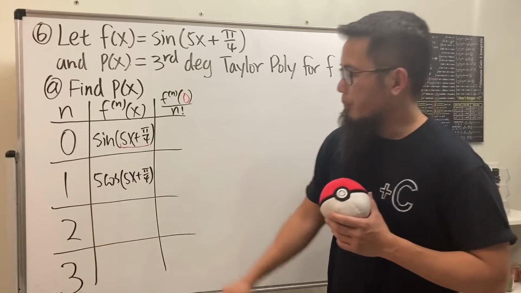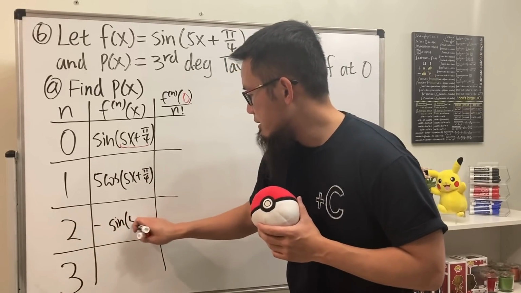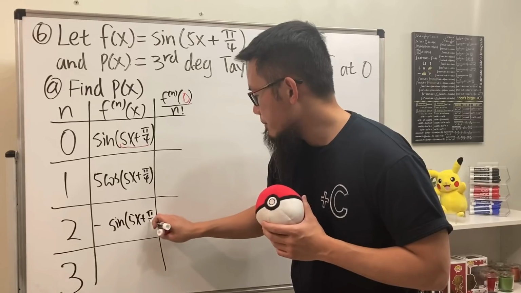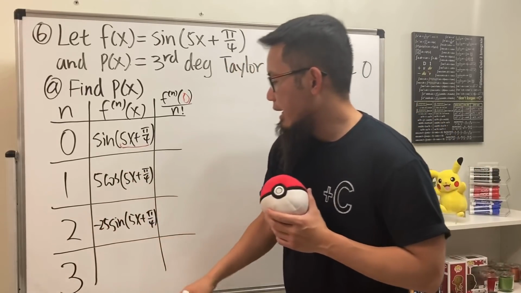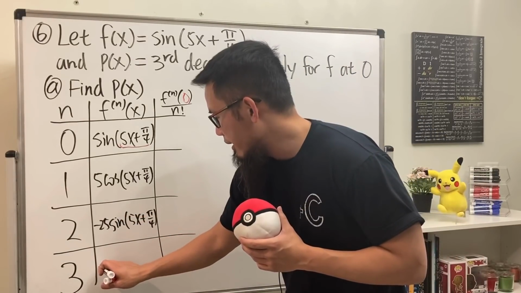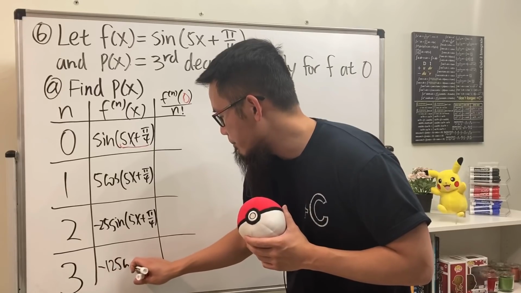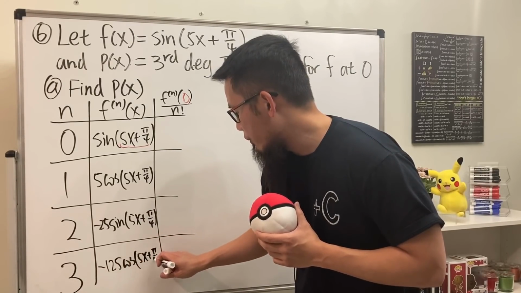And then just continue. Next, you get negative sine, and then the input stays the same. But 5 times 5, we get 25 here, right? And then just do it again. Put a 5, right? Multiply with that. So we get negative 125, and then becomes cosine, and then we have 5x plus pi over 4.